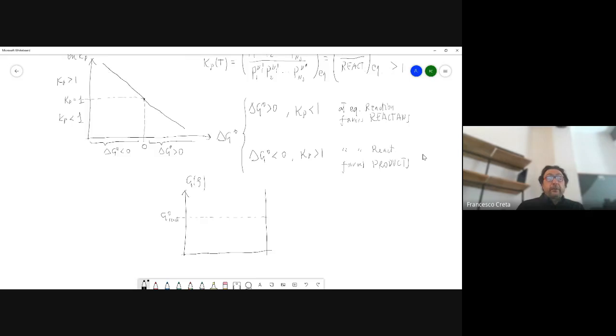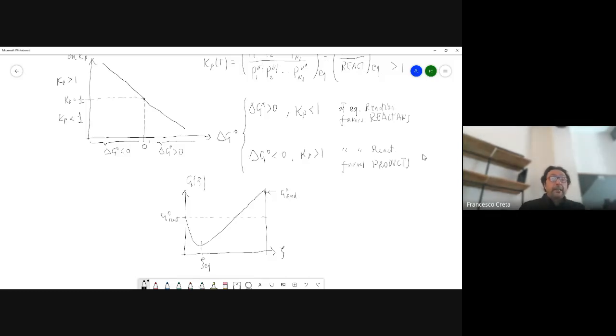And if G0 of the unmixed products is over here, we saw that the shape of the Gibbs energy function as a function of psi was such that the progress variable of equilibrium was more on the left side.